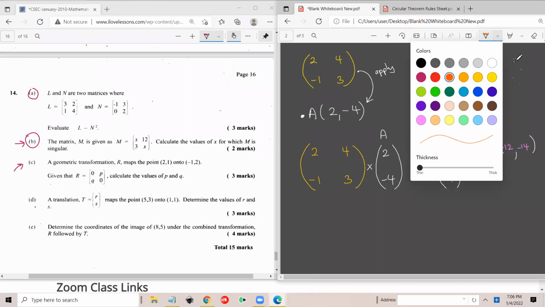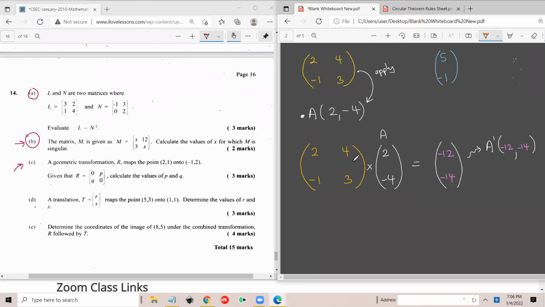Let me use the technical terms here. We apply the matrix to point A, and A turns into a different point. But the technical word for that is map.